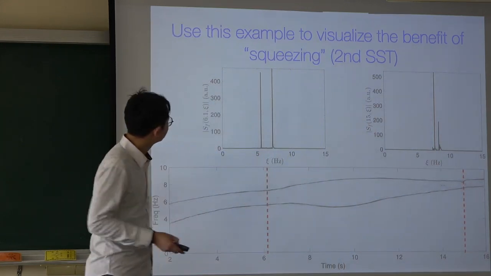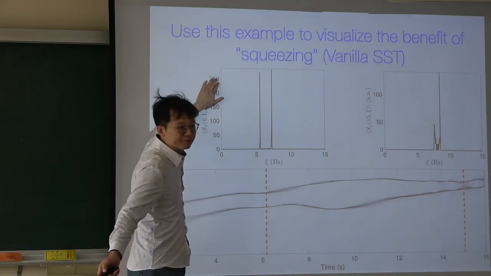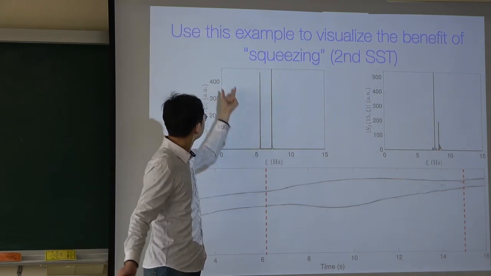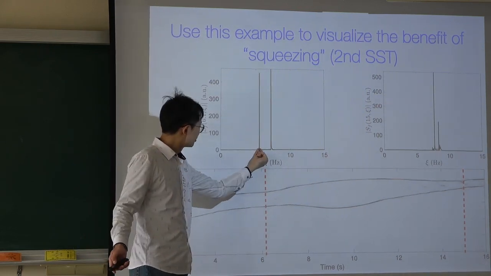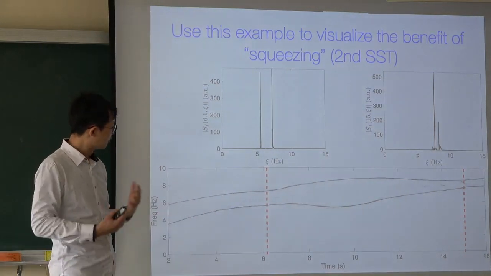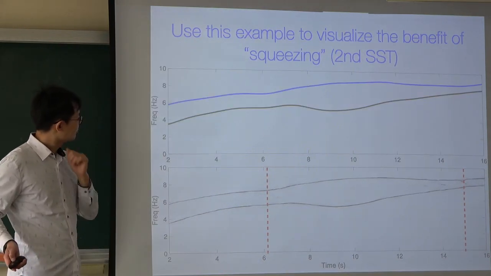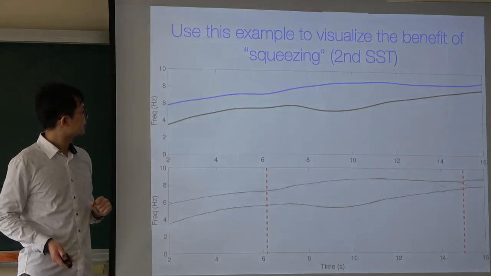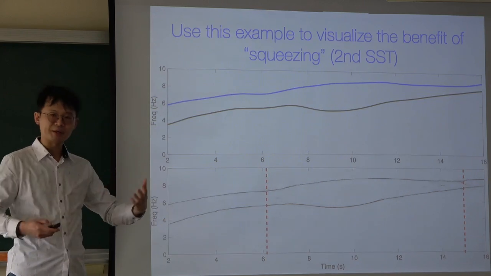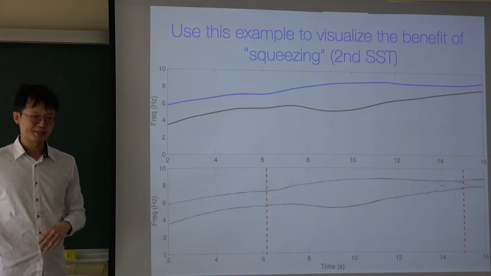If you compare with the previous synchro squeezing, the spike is 250, which is still a bit spread, but here it goes up to 400, which is much more concentrated. That is the impact of taking more phase information into account. And this is a comparison of the second order synchro squeezing and the ideal time frequency representation. So that gives you quite a lot of good information about the dynamics.